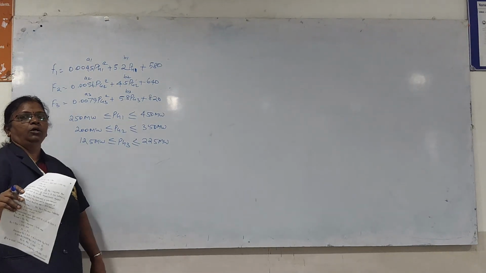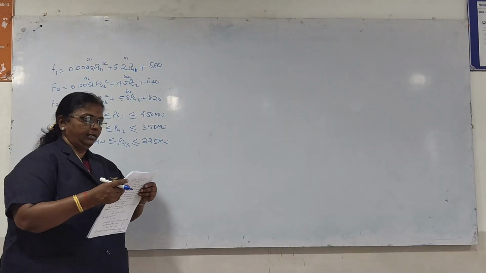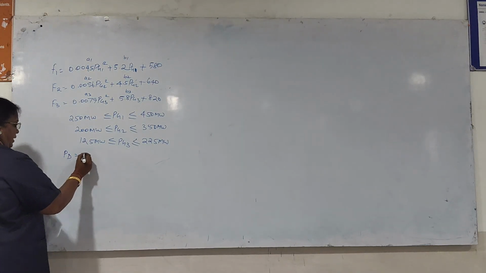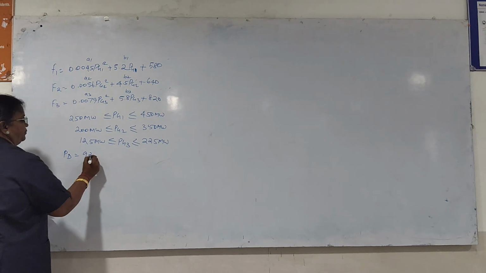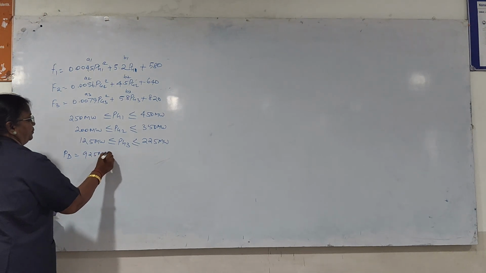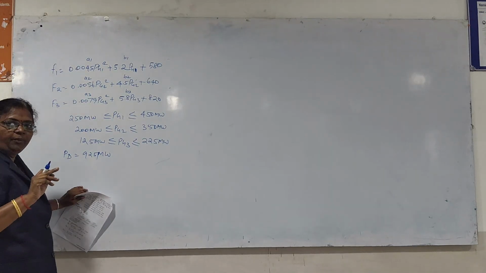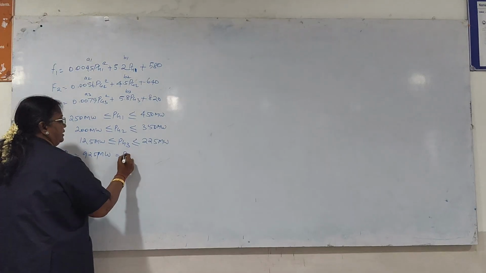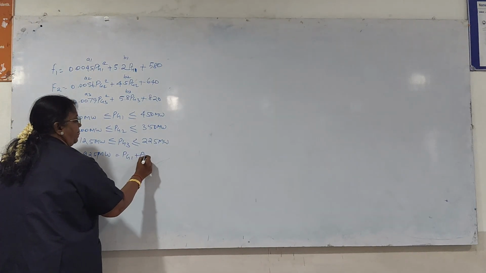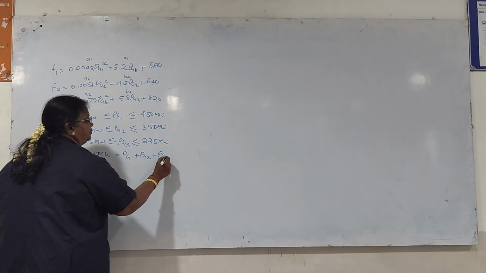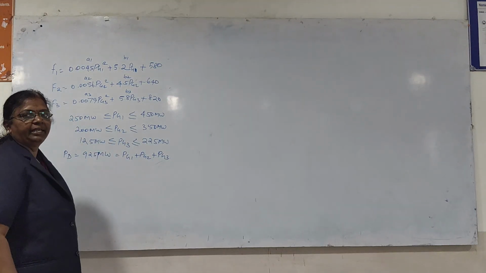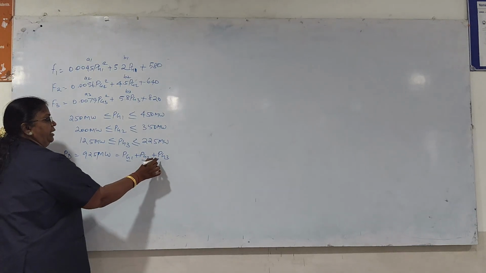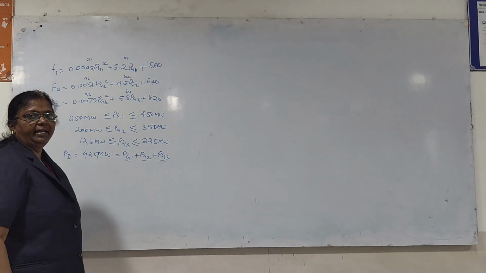Okay. So this is the complete problem, and the total system load should be 925 megawatt. So this 925 is going to be supplied by the three units, that is Pg1, Pg2 and Pg3 together. Now we have to find out the values of Pg1, Pg2 and Pg3.